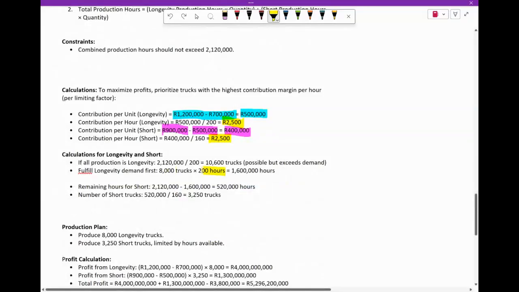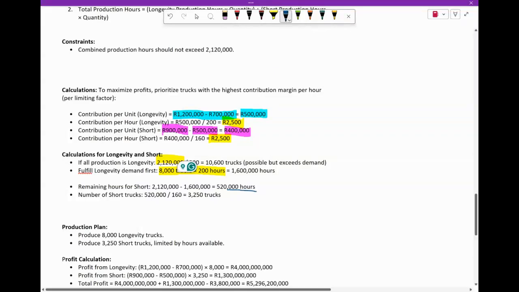This is what you were talking about, Thomas. 8,000 trucks times 200 hours, you obviously get 1,600,000 hours that you need for longevity. We can produce all of those because the total hours that we have is 2,120,000. So what then is the remaining hours that we have?